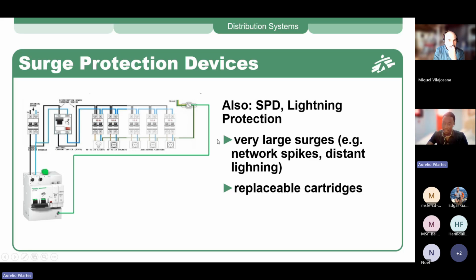One common mistake we see on the ground is this SPD being upstream of the main circuit breaker, while the best approach is to put it downstream of the main circuit breaker, however upstream of all the other circuit breakers. And then you connect its grounding terminal to the grounding collector of your board, so it has a safe path to the ground.